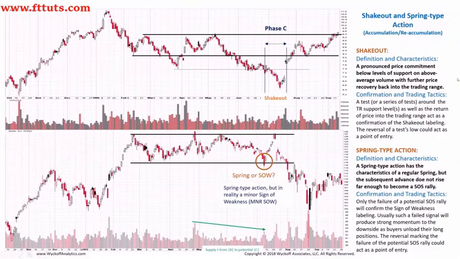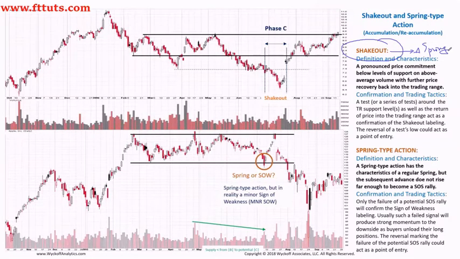Let's talk about shakeouts and sprint type actions. All right, so we've discussed sprints, and I mentioned to you guys that Wyckoff actually did not have a definition of a sprint. What he had is a definition of a shakeout or a terminal shakeout. And the definition of a shakeout is going to be basically the difference between a shakeout and a spring.